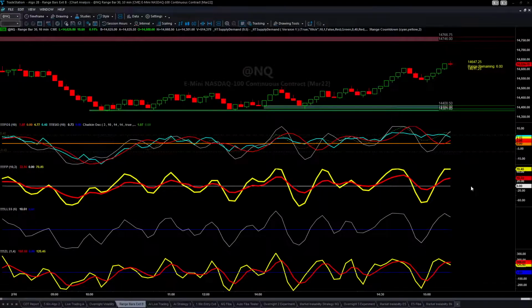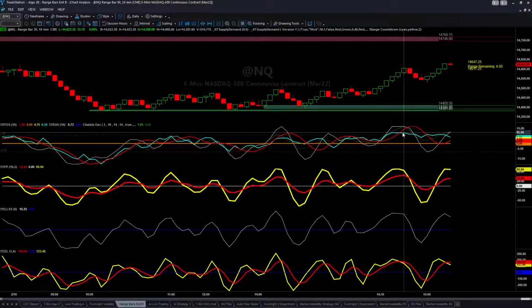If this ends up hitting the 640, the 647 target here, I'll be done for the day. If it hits the target and crosses right here. These crossings have been very accurate in determining pullbacks and things of that nature.